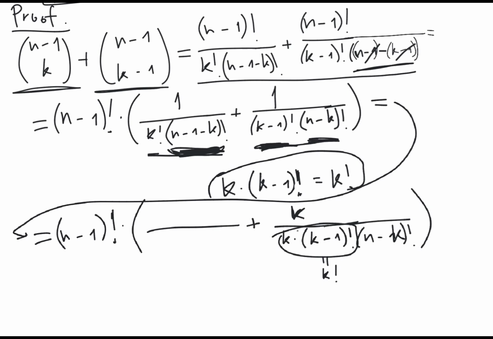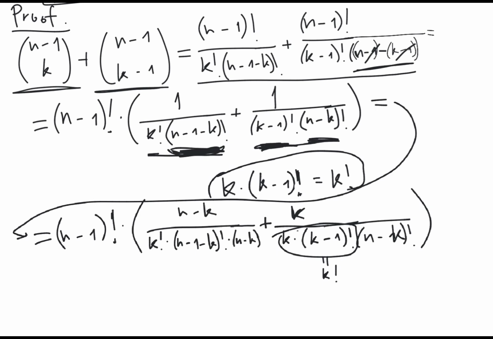So k factorial multiplied by (n minus 1 minus k) factorial multiplied by (n minus k), and in the numerator as well, n minus k.